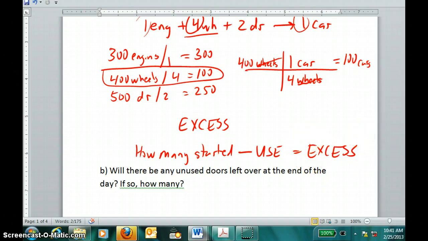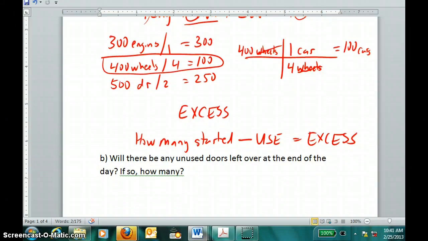And I do the same thing here in this process. How many did I start with? Well, I started with 500 doors. But to calculate how many I use, always make everything begin with your limiting reagent. I know that seems strange, to start with the limiting reagent to find how much of some other reactant is left over. But we do. We use our limiting reagent to calculate the amount used.